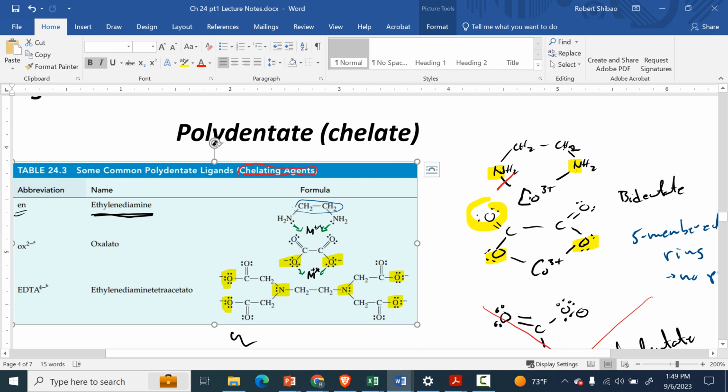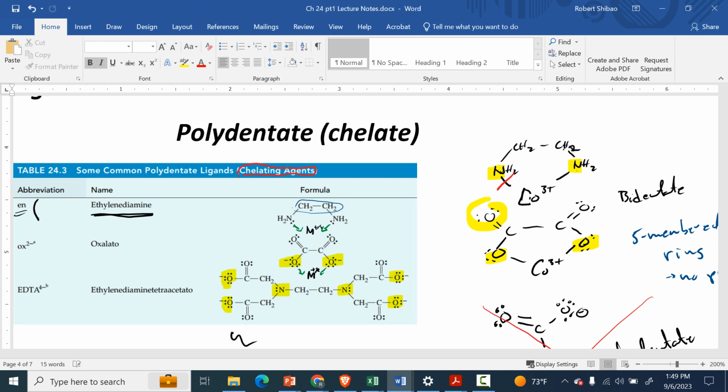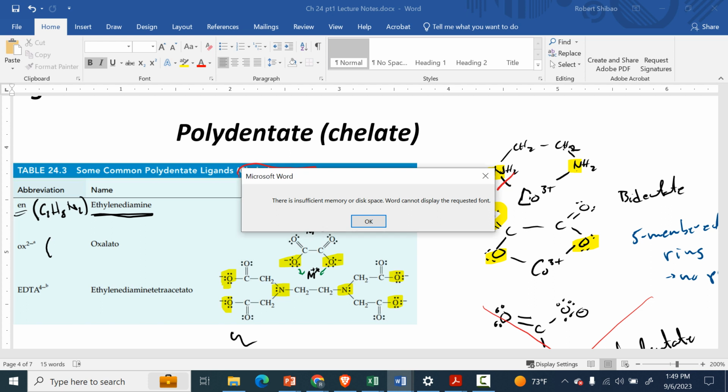We can use these instead of the formulas. And so EN, that's so we don't have to write this. The formula for ethylene diamine is C2H8N2. Oxalate's not too difficult to write. Oxalate is C2.